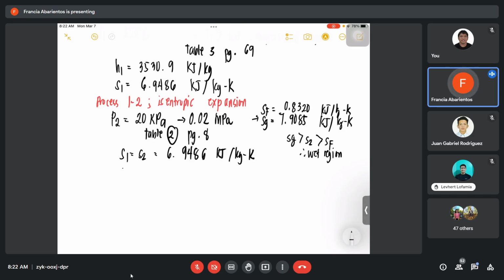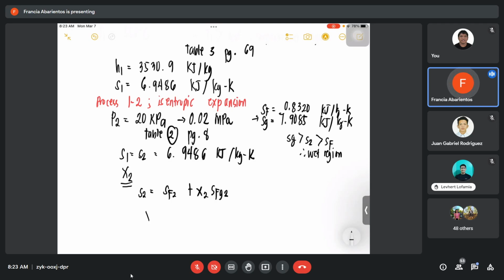So, therefore, let's find the quality at 0.2 using this formula, because we already know the specific entropy at the given 0.2, SFG2.